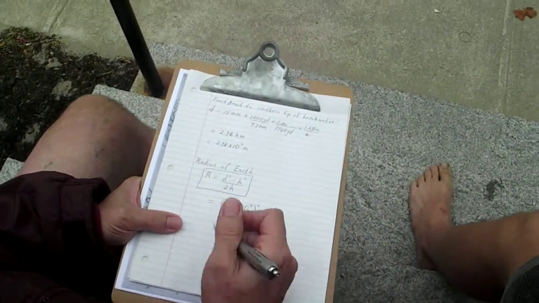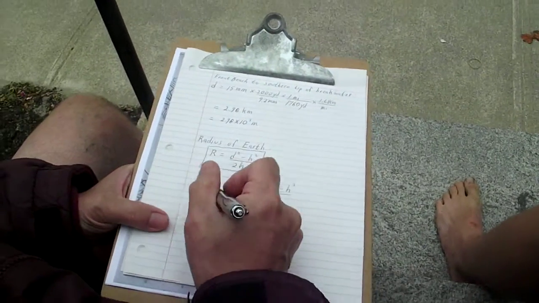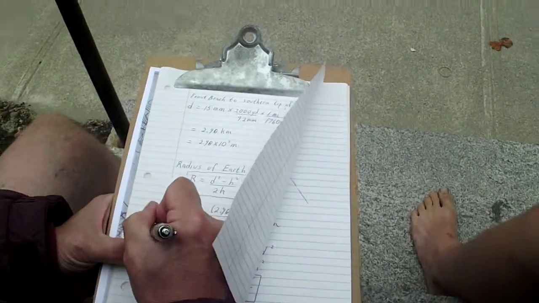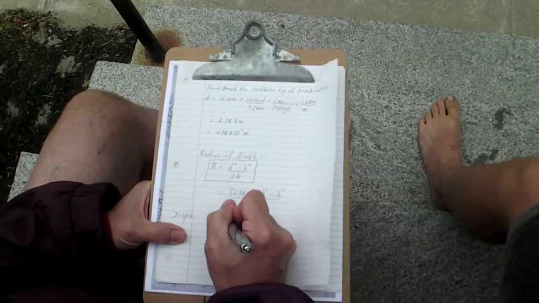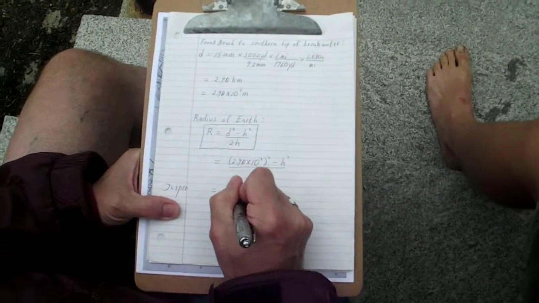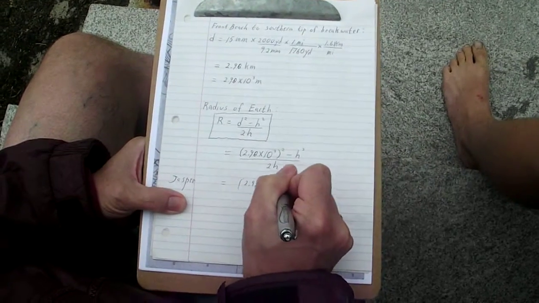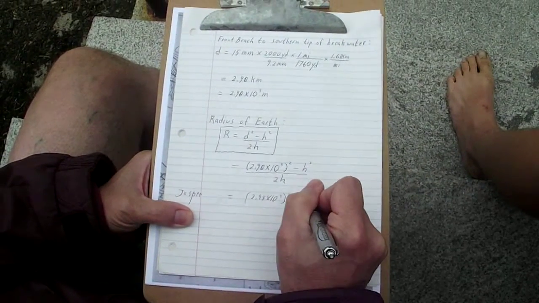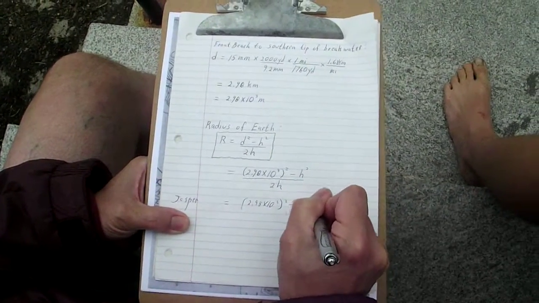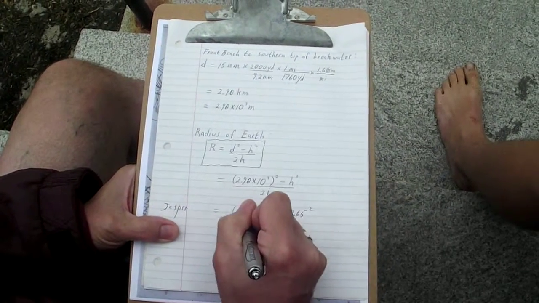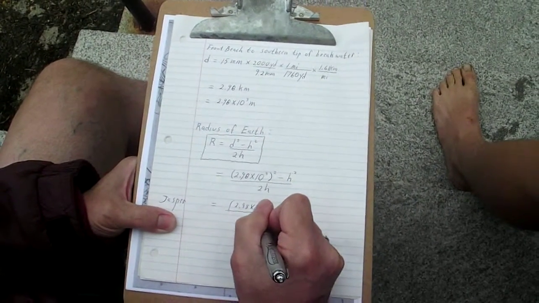So let's do the calculation now for Jasper. This is going to be 2.98 times 10 cubed, squared, minus, what was it, 0.65? That was the height. It was near your waist.